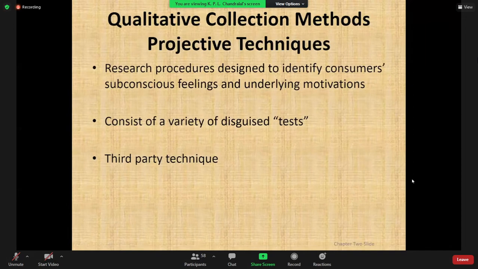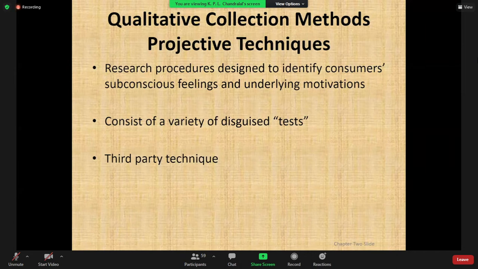Then there's another technique called projective technique. This is very useful if you want to uncover certain things that people do not want to freely talk to you about.